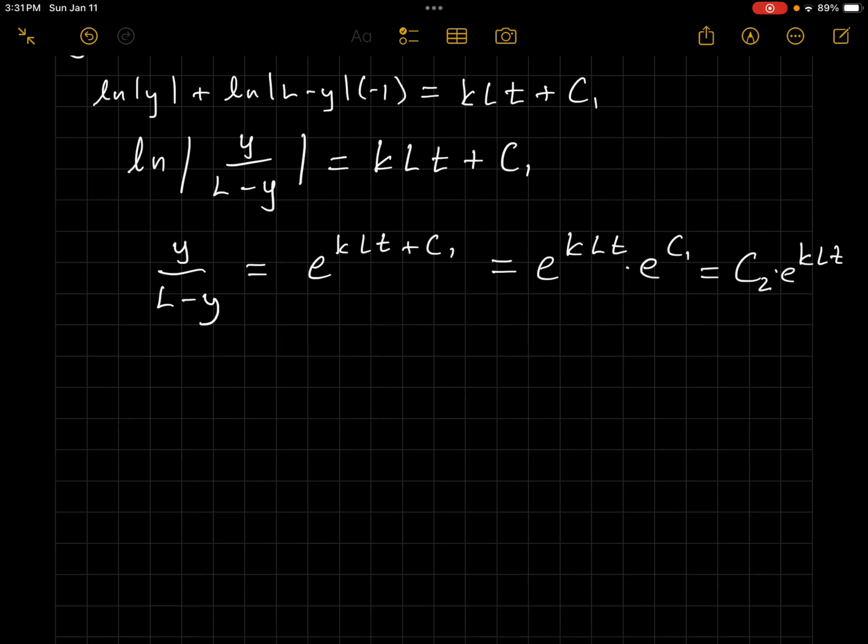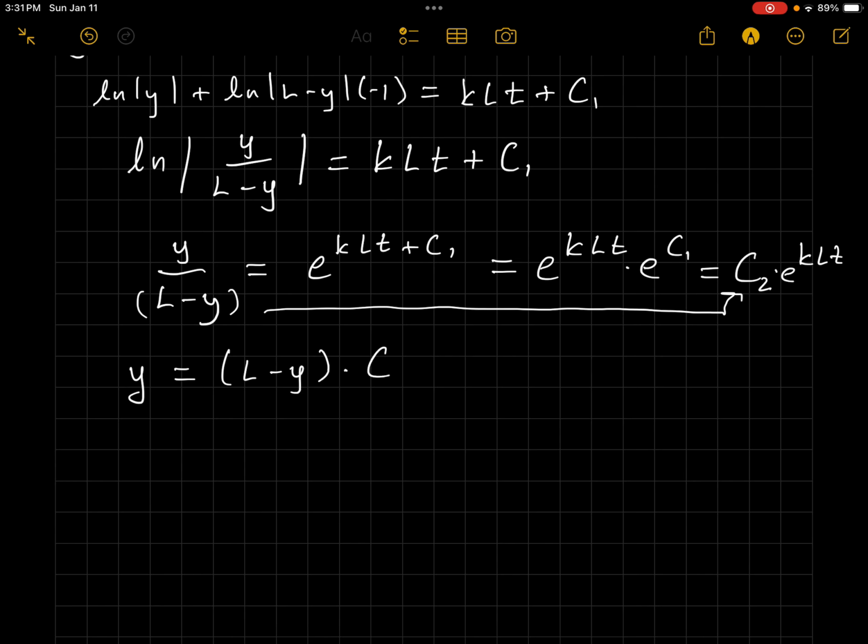Now, we still got to get y alone, so we have a bit of algebra left. I'm going to put y equals, and then I'm going to multiply this bottom factor to the far right over here, giving us L minus y times c2 e to the kLt.